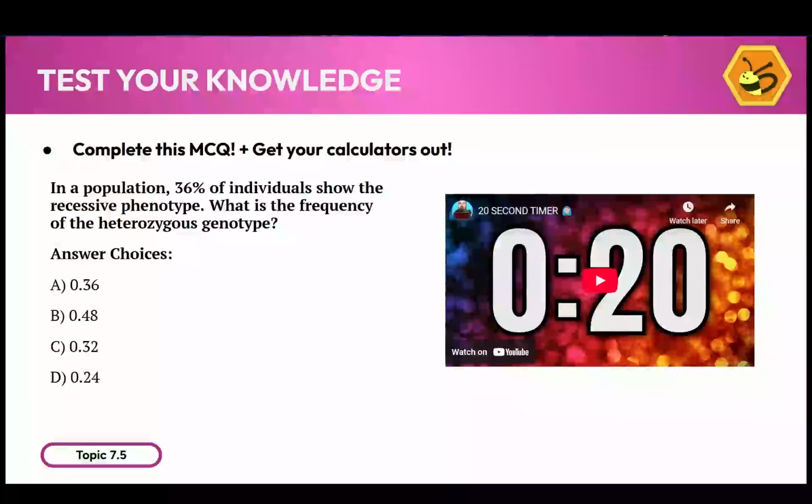All right, so let's say that B is dominant and lowercase b is recessive.